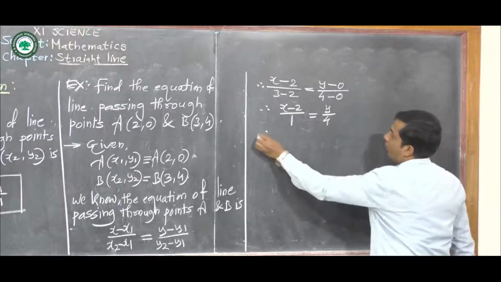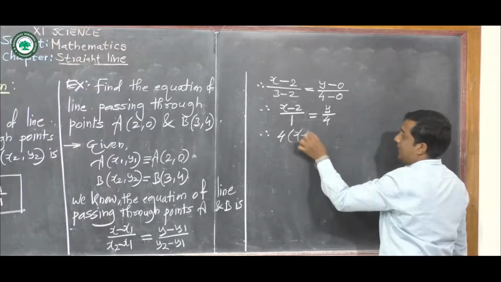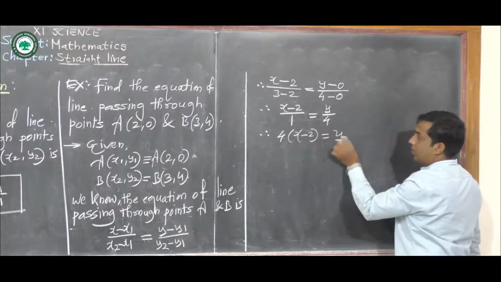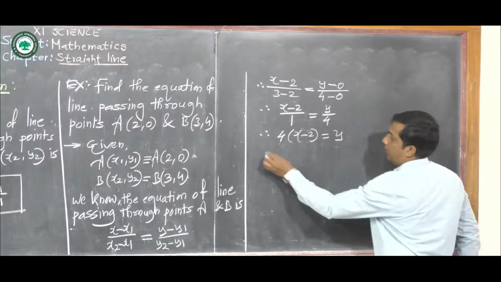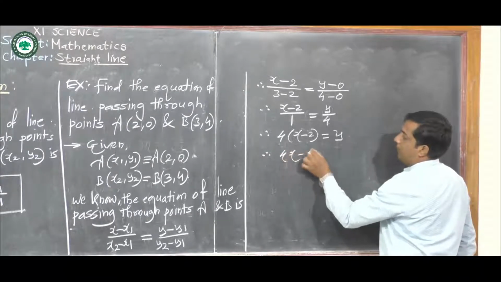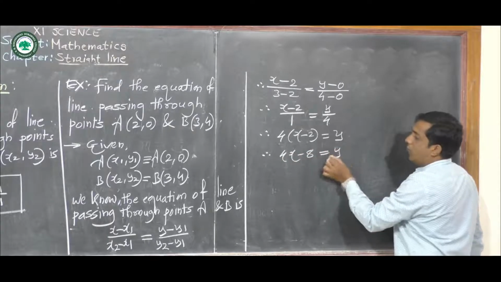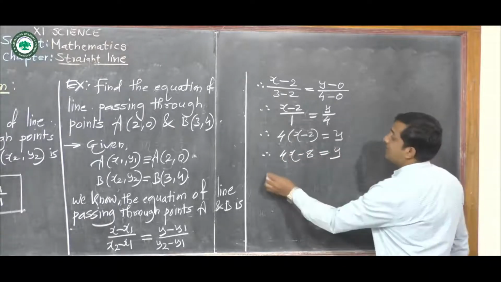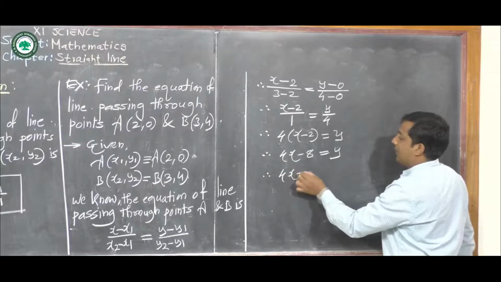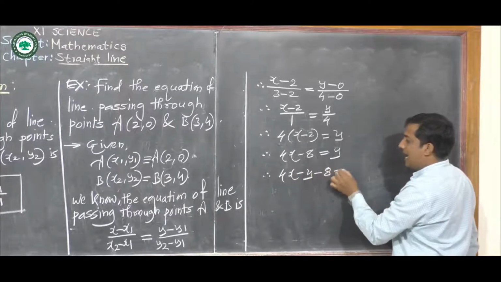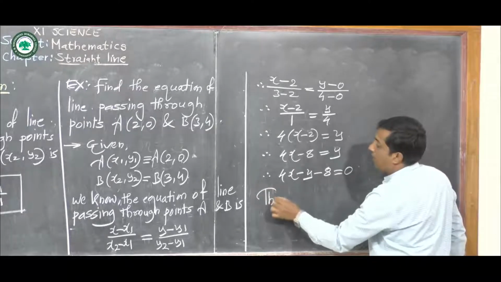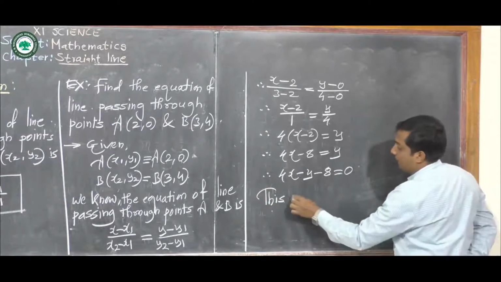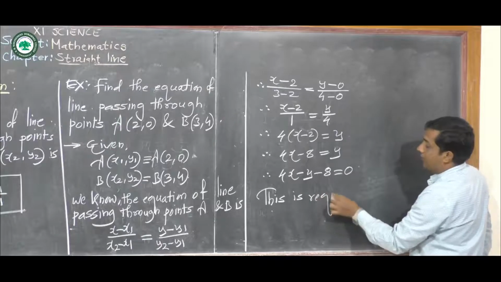After solving this we get 4 into bracket x minus 2 is equal to y. Let's multiply this bracket by 4. If we multiply we get 4x minus 8 is equal to y. And in last step we get 4x minus y minus 8 is equal to 0, and this is the required equation of line.